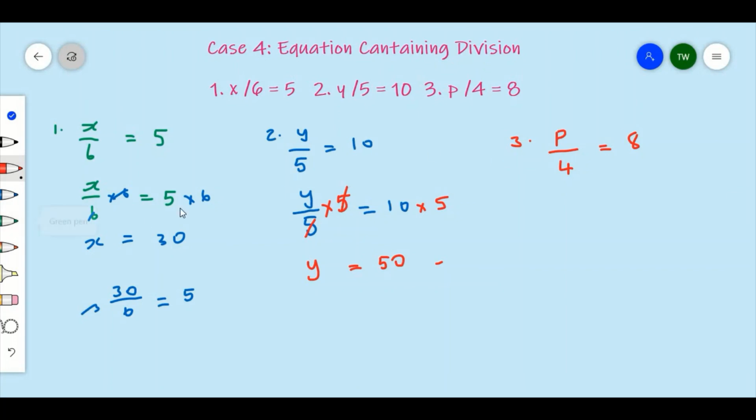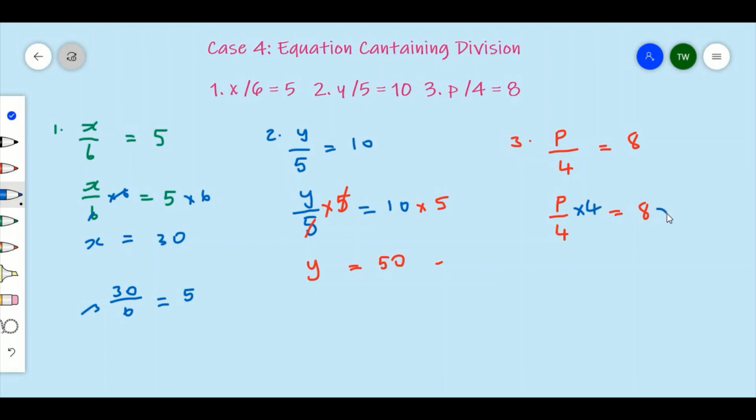So we're going to multiply both sides by 4. So we're going to have p over 4 is equal to 8. Use a different color to show the multiplication. So we're going to multiply this side by 4.